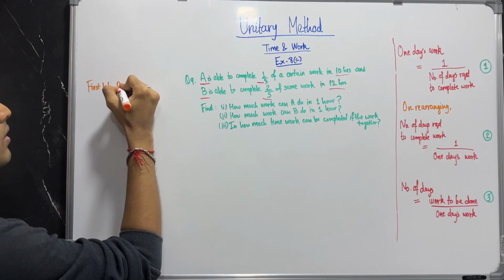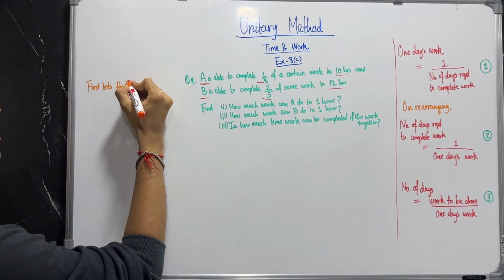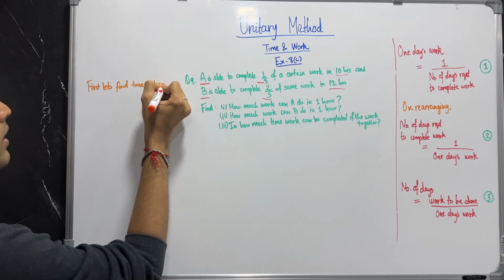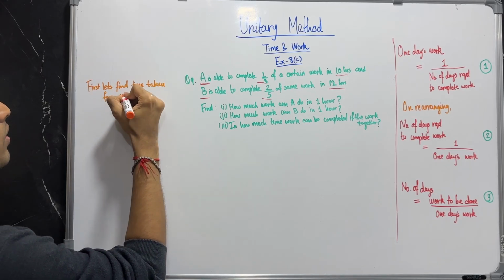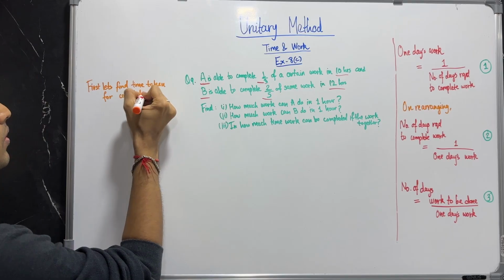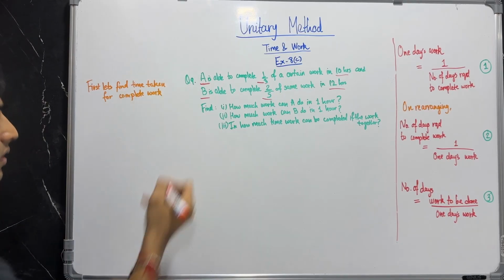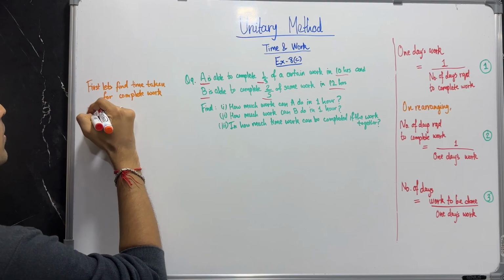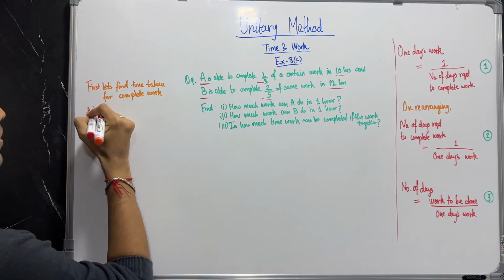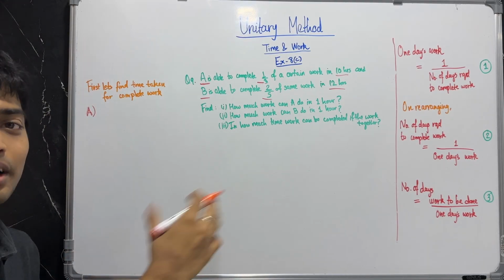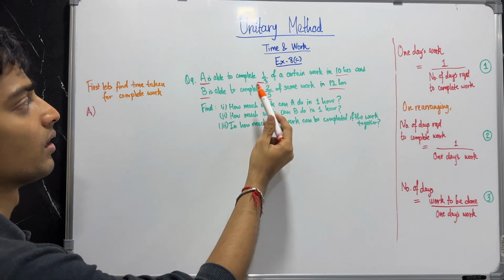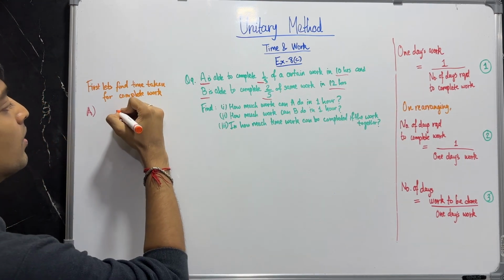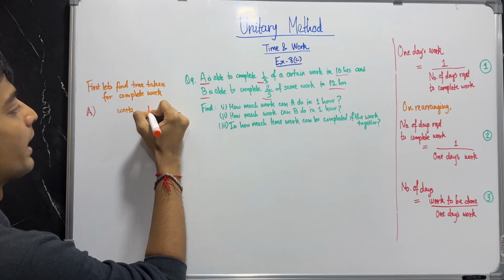Let's find the time taken for complete work. First, let's do A. For A, we can use the unitary method. This is direct variation. The more the amount of work, the more the time it will take. So we can write work, time.